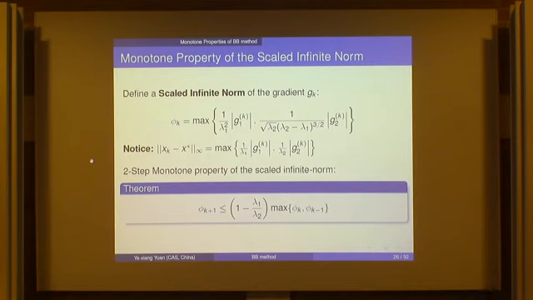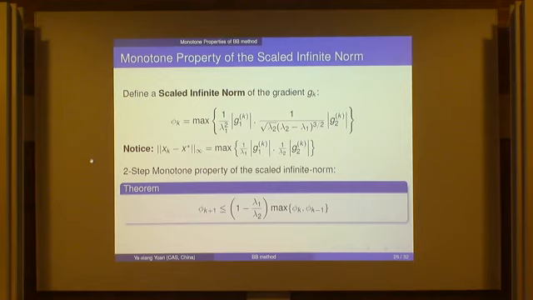So I define a special norm of the gradient, and it will be monotone, though not exactly. I'm not reducing by myself, but by yesterday and the day before yesterday, the maximum will be reduced.